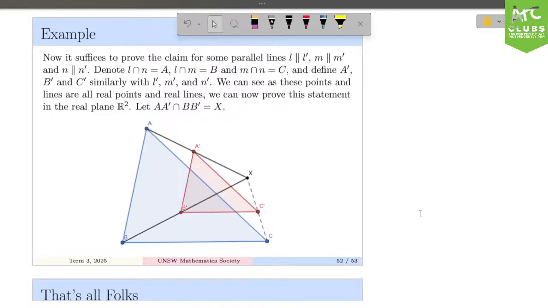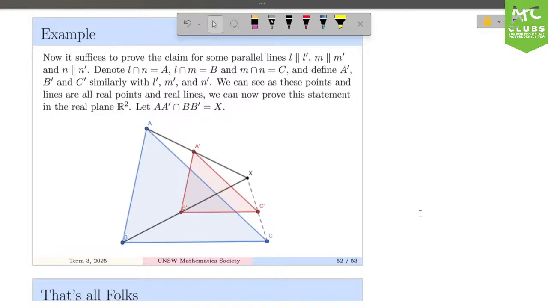And so now we have two similar triangles here with parallel edges, and we want to show that the lines that you draw through AA prime, BB prime, and CC prime are all concurrent at some point.